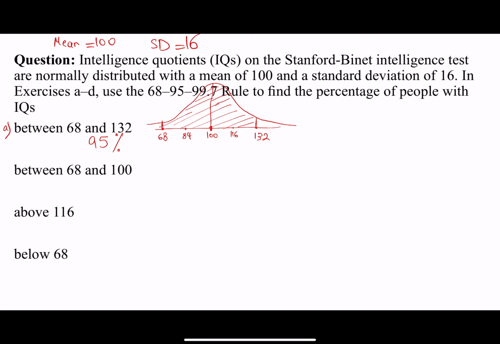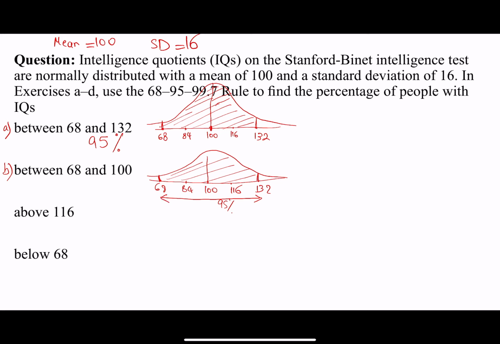Now part B. What about between 68 and 100? 100 is the mean value, right in the middle, right? So guys, I'm just copying the graph that we have in part A. We saw that 95% of data items are between 68 and 132.